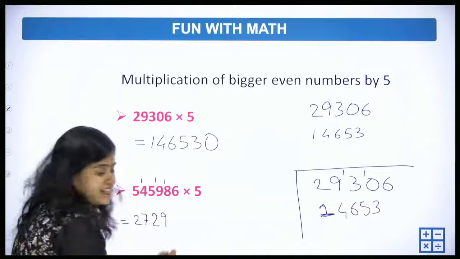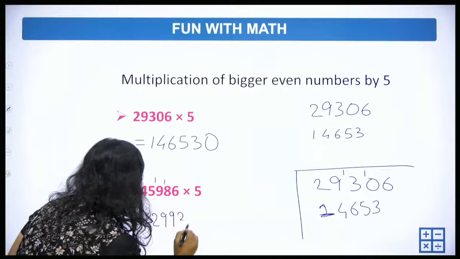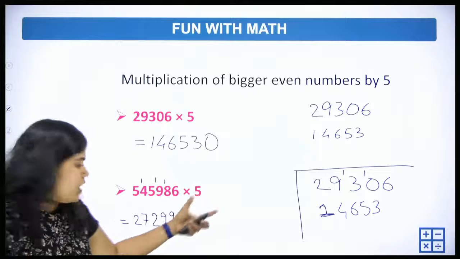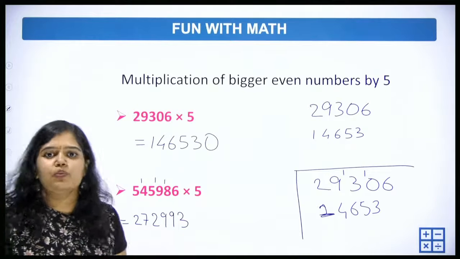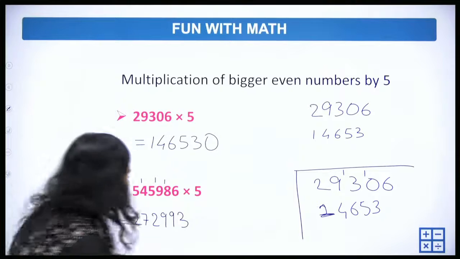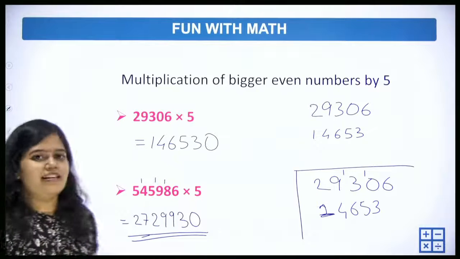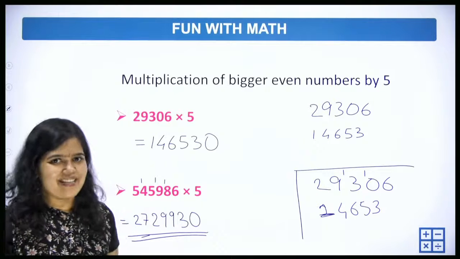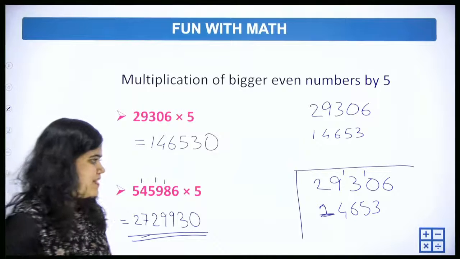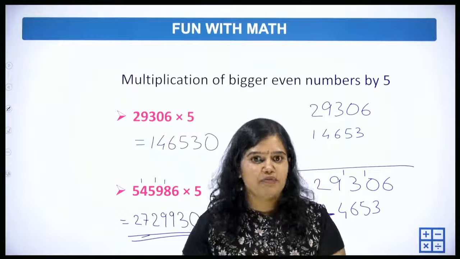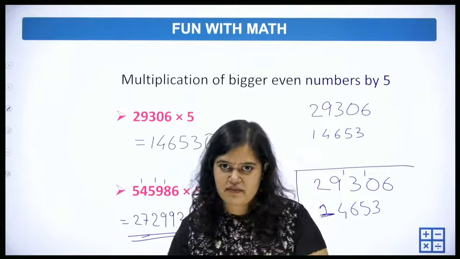And again 18. So 9. 3. And now since we are multiplying with 5, after dividing with 2, we need to put 0. That is, we are multiplying with 10. So the answer is 2729930.